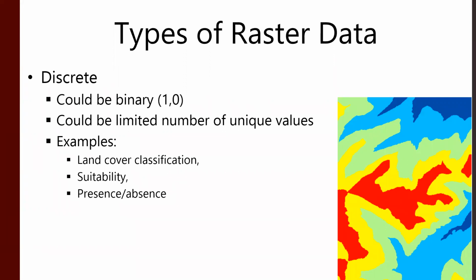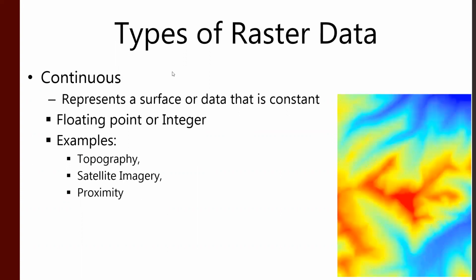Land cover classification is often this way, and land suitability, presence-absence data for species models, snowfall, all of that, discrete raster data. So we have continuous data and we have discrete data.